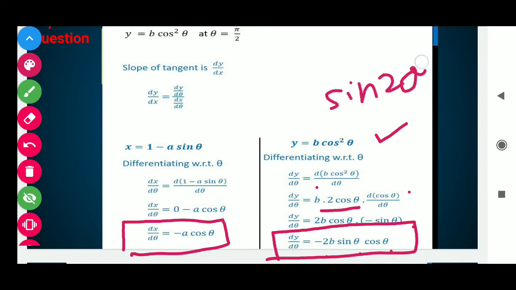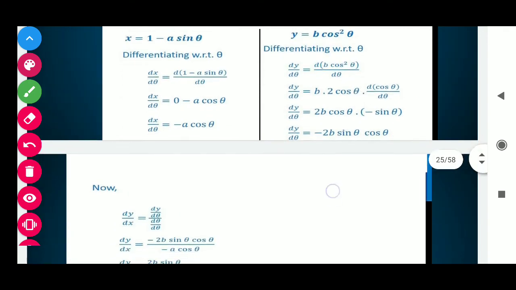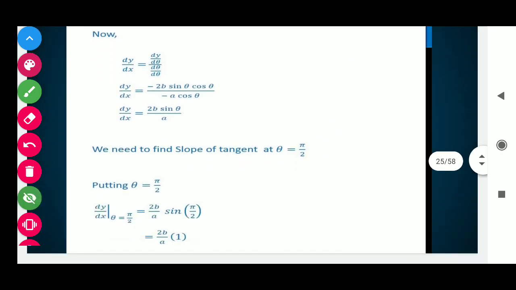But you know that we have to put these values in the slope of tangent formula, and cos theta and cos theta cancel out, so we will not use this identity. Here you can see dy over dx equals dy over d theta divided by dx over d theta.